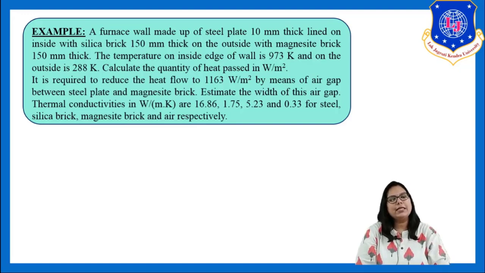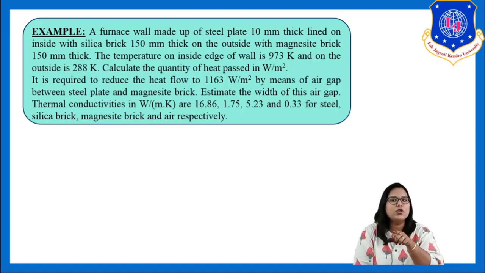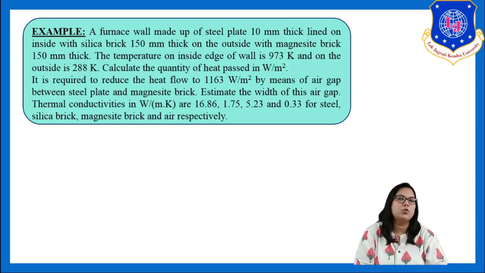So obviously, as we are introducing one material in between two other materials, the value of heat loss will reduce, and that reduced value of heat loss was given as 1163 watt per meter square. So what do we have to calculate in the second case? Estimate the width of this air gap. So in this second case, we have to calculate the thickness of the air gap when Q value is given.